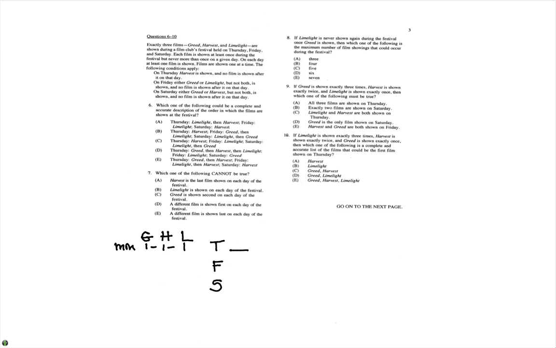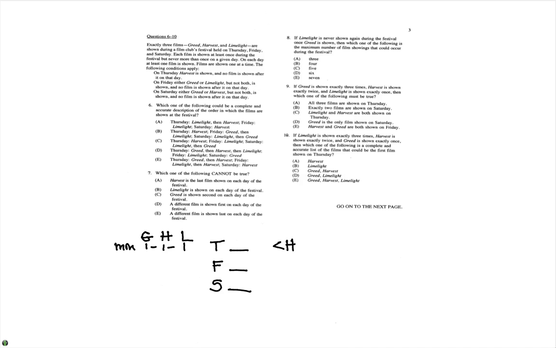So now let's go to the other conditions. It tells us first that on Thursday, Harvest is shown and no film is shown after it on that day. So I know that Harvest is going to come on Thursday and nothing comes after it. So it's going to be the latest film shown on Thursday.